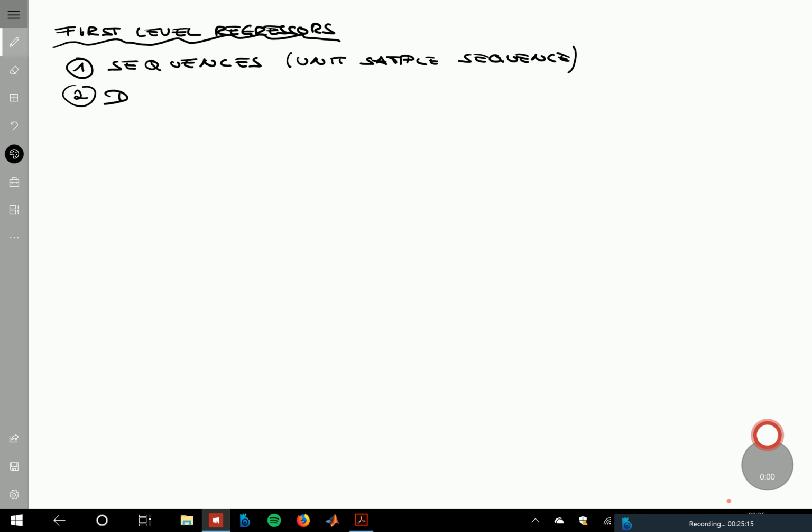Then we have to introduce discrete time systems, which basically are a fundamental building block of engineering work. So discrete time systems, or systems in general, are what engineers always deal with. So that's language from that part of human culture.